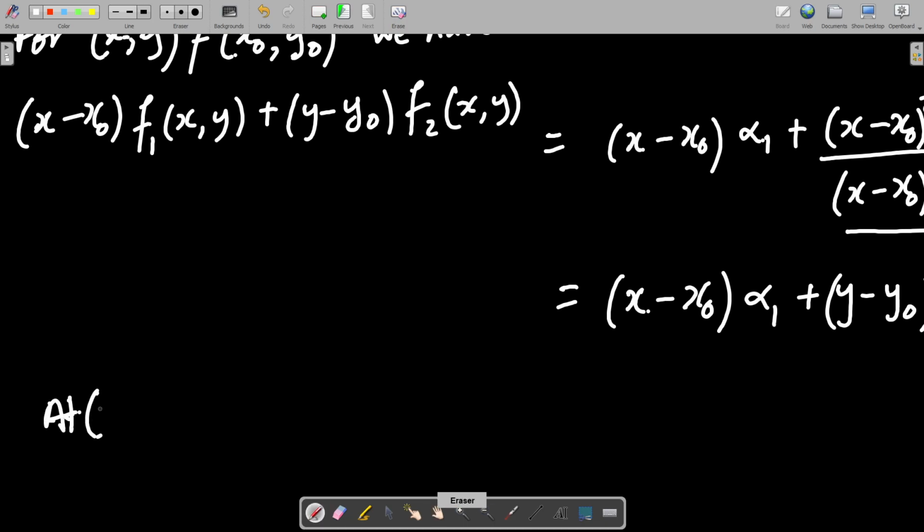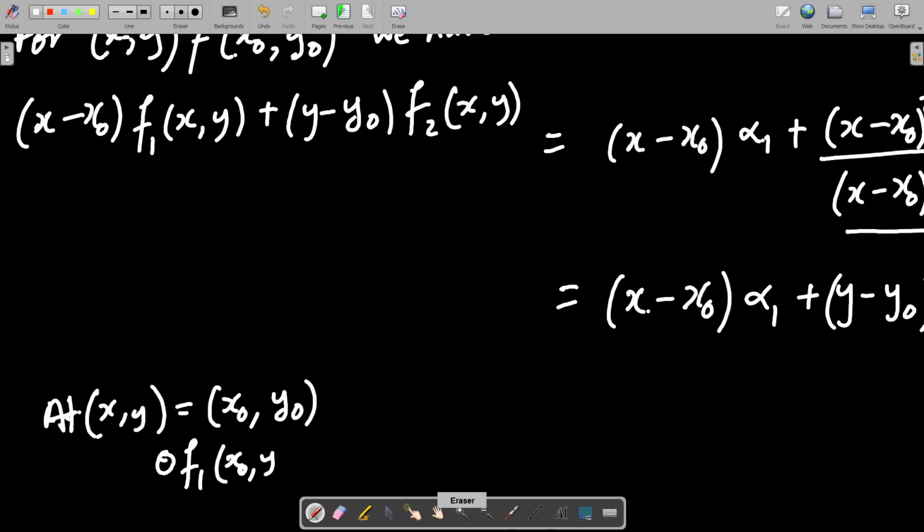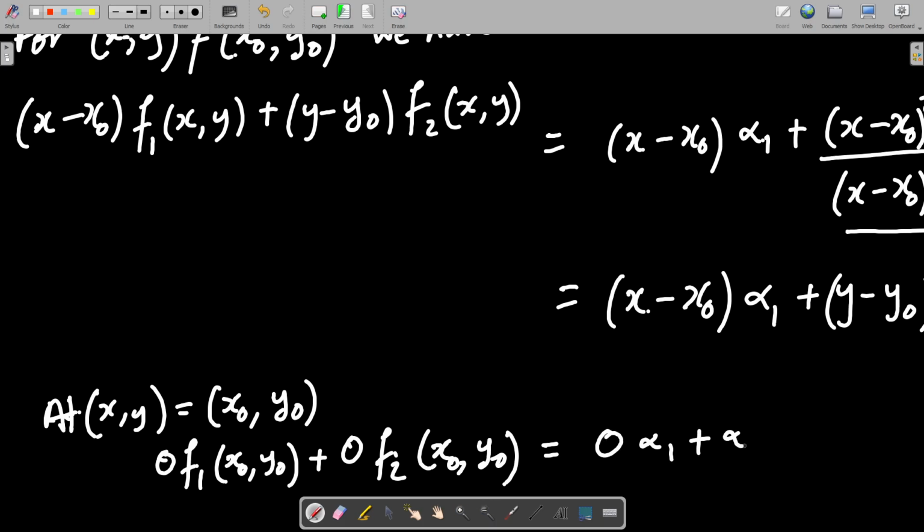At xy equal to x naught y naught, this is going to be 0, so 0 times f1 of x naught y naught plus 0 times alpha 1 on this side plus 0 times f2 of x naught y naught plus 0 times alpha 2 over here plus capital F of x naught y naught.